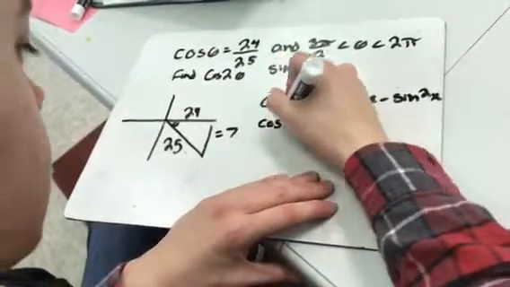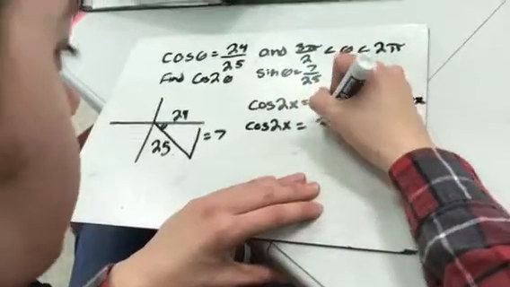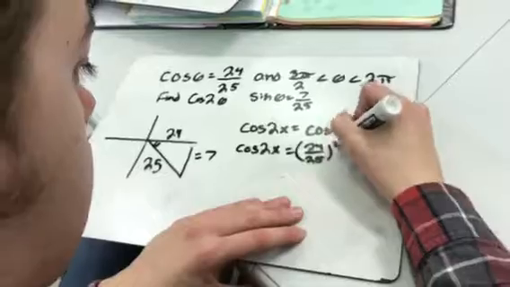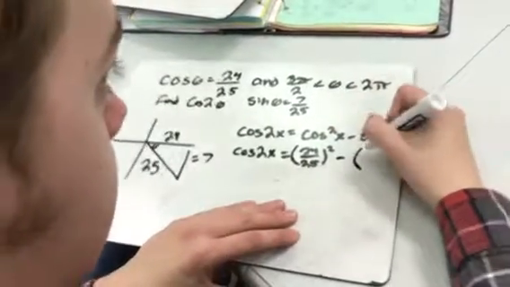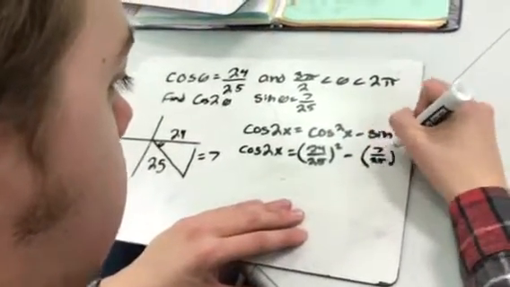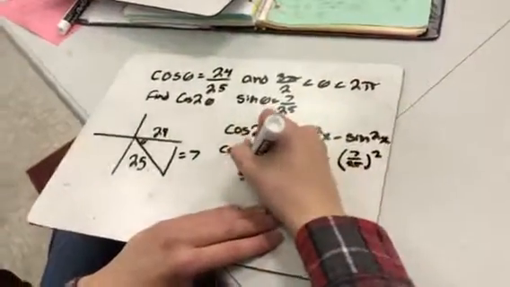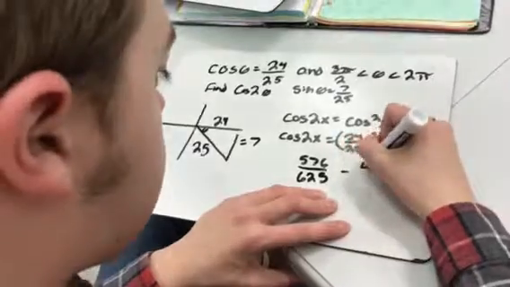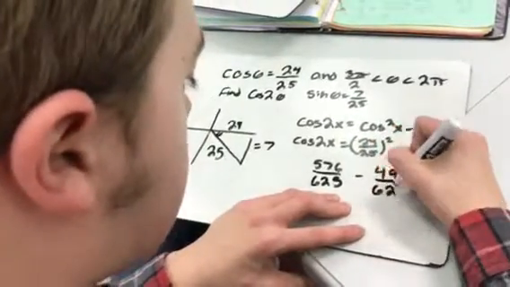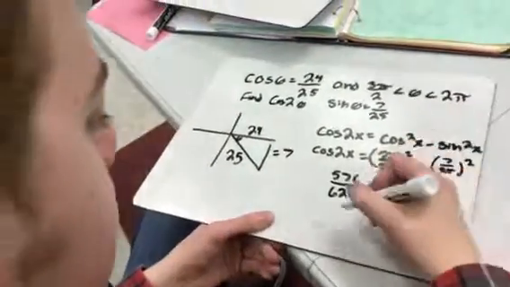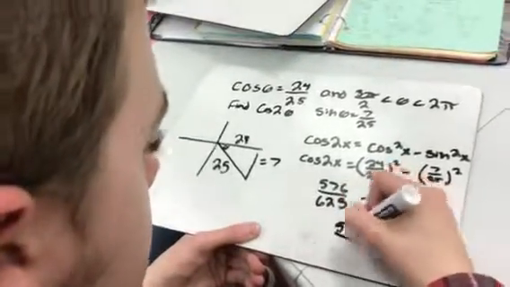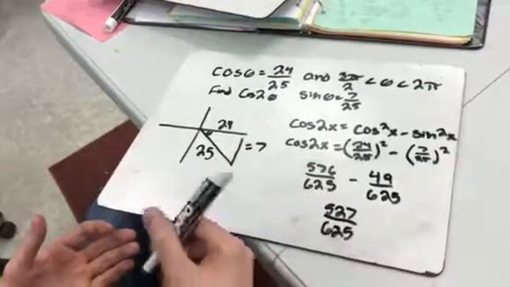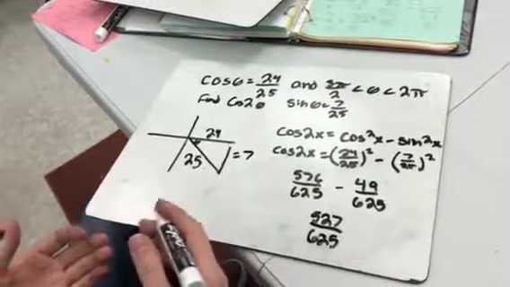Cosine 2x is equal to 24 over 25 squared minus 7 over 25 squared, which would then get you 576 over 625 minus 49 over 625, which will then get you a final answer of 527 over 625, and that is how you would use the double angle identities to solve expressions.